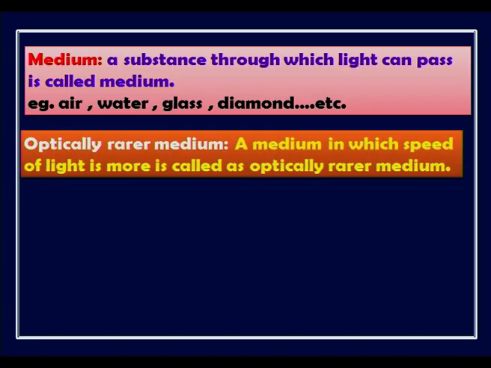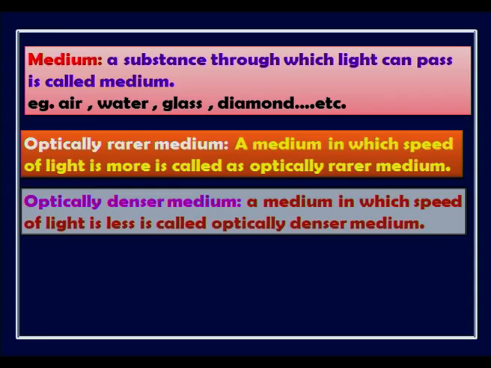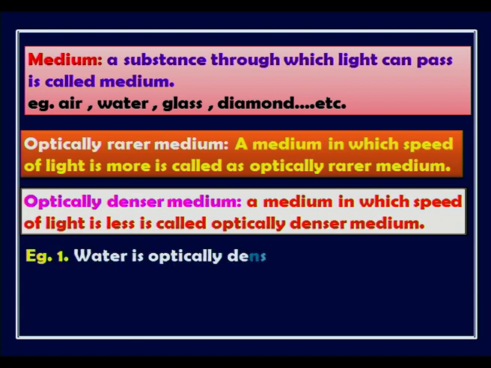Media are classified into two types depending upon their optical density. The first one is the optically rarer medium. A medium in which the speed of light is more is called an optically rarer medium. The second one is the optically denser medium. A medium in which the speed of light is less is called an optically denser medium. For example, water is optically denser than air.